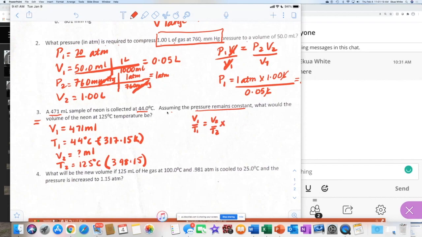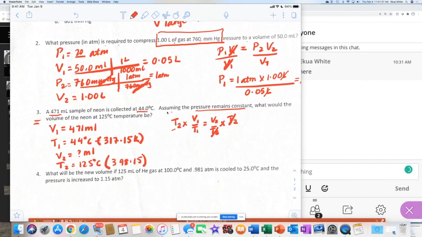So multiply by T2 on both sides to get V2 by itself, and we end up with T2 times V1 over T1 equals V2. So what is T2?